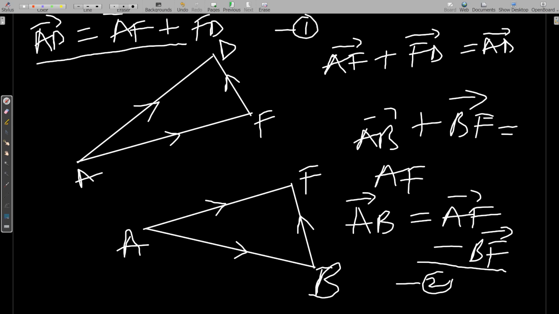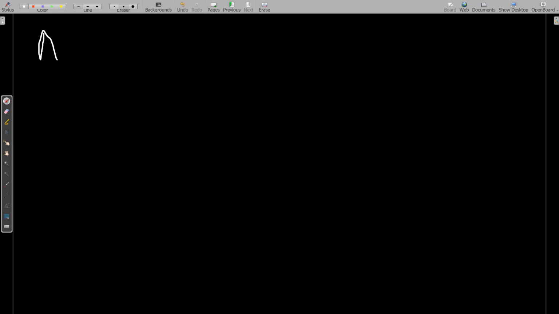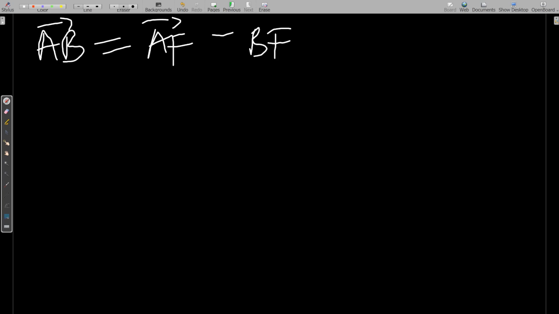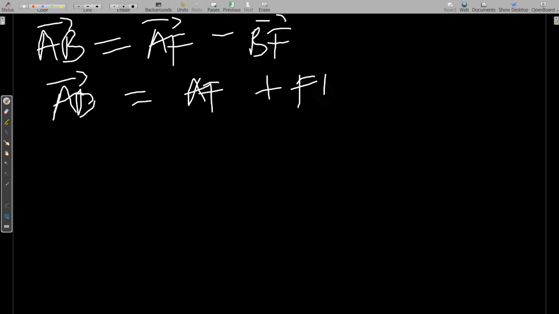So let's sum that. Okay, so this is what I'm trying to say. We've said that AB, let me write AB first, AB is equal to AF from the triangle I just took out minus BF, and that AD is given by AF plus FD. Now with this particular one, I can sum equation 1 and equation 2.